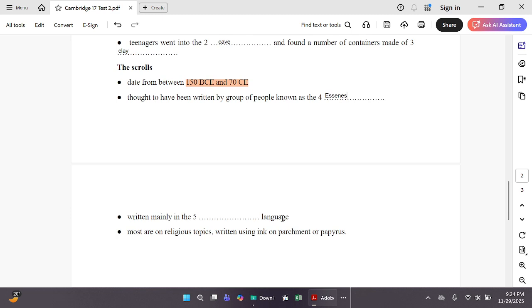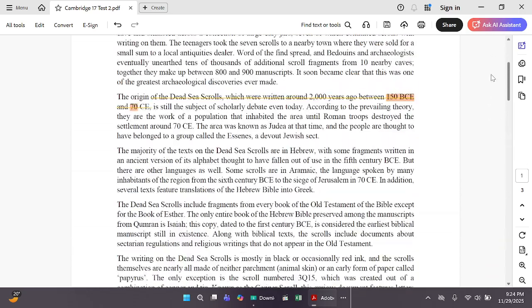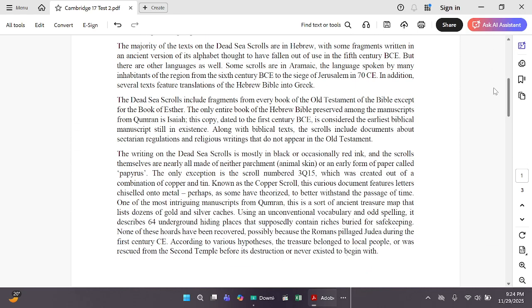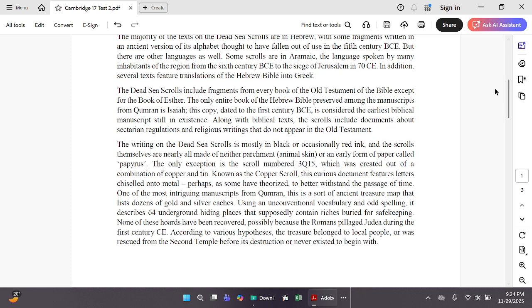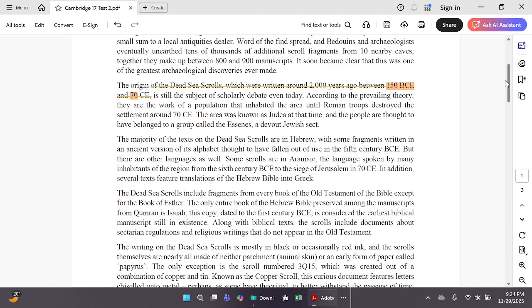So here it could be Bengali or English, but we have to emphasize the word mainly, because they may mention various types of languages to trick you, so that you may get your answers wrong or get distracted from the right answer. So here you have to focus on mainly. They may use main instead of mainly, or originally, or most of the documents or most of their information were in some language. So here we have done with this.